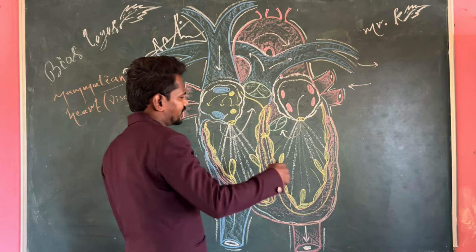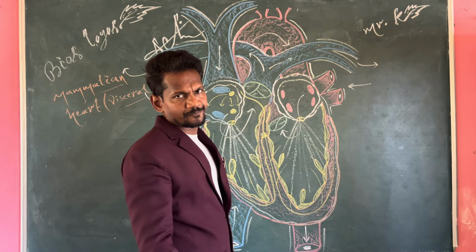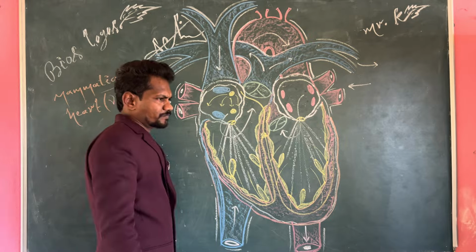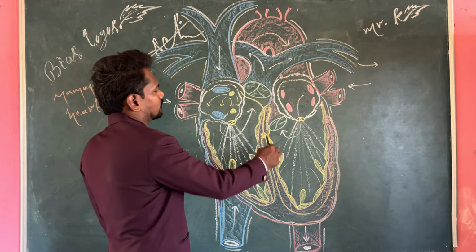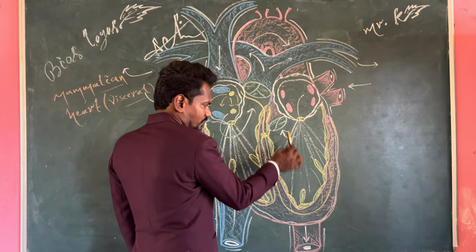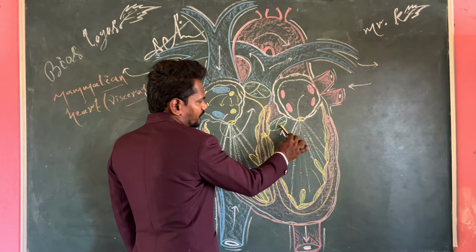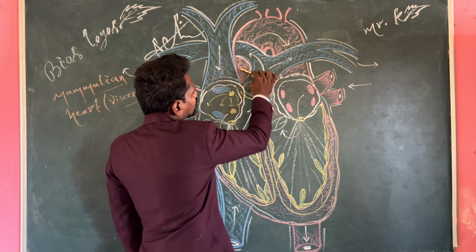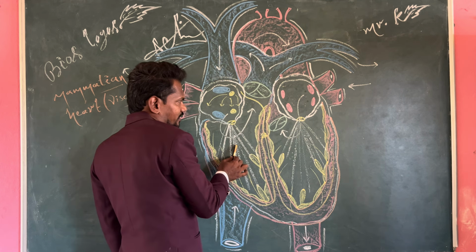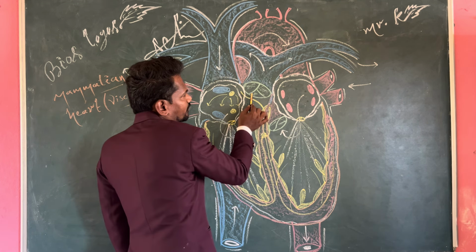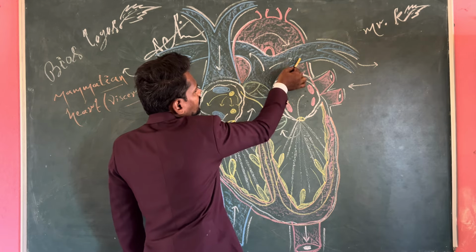Okay, then there is no other route for the blood to flow. So the blood from the left ventricle must flow into the main aorta, and from the right ventricle the blood must flow into the pulmonary artery.